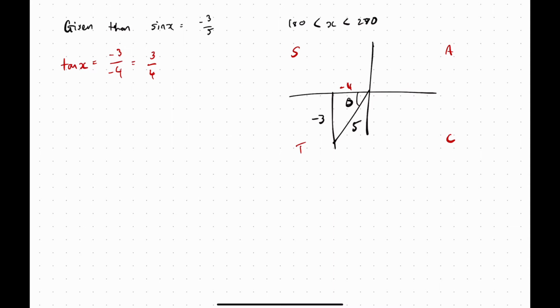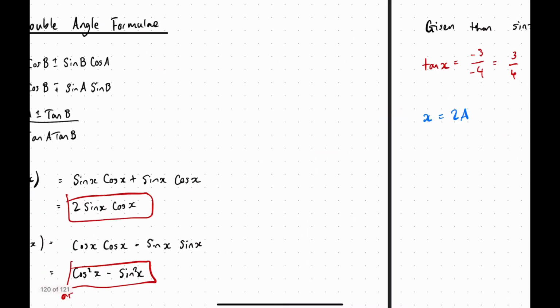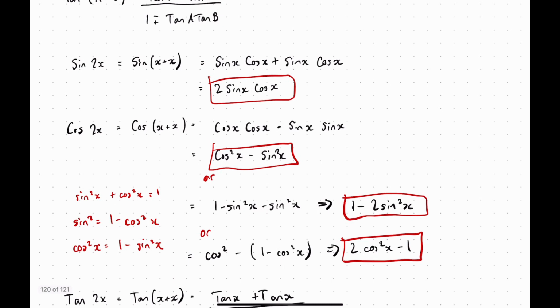However, it says find the exact value of tan x over 2. So, what they've done is they've considered x as 2a. Okay? They've considered x as 2a. So, basically, instead of me saying sine 2x, they're saying sine 2a, or tan 2a.